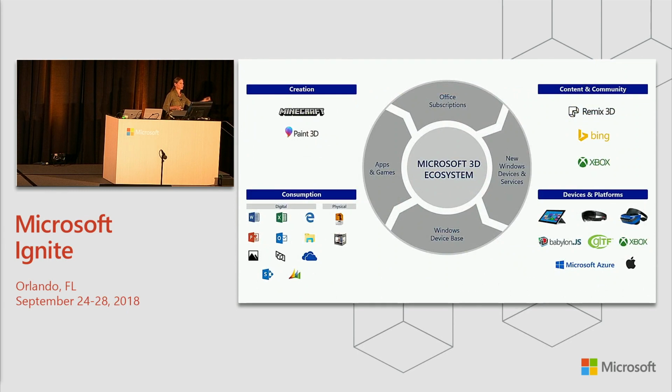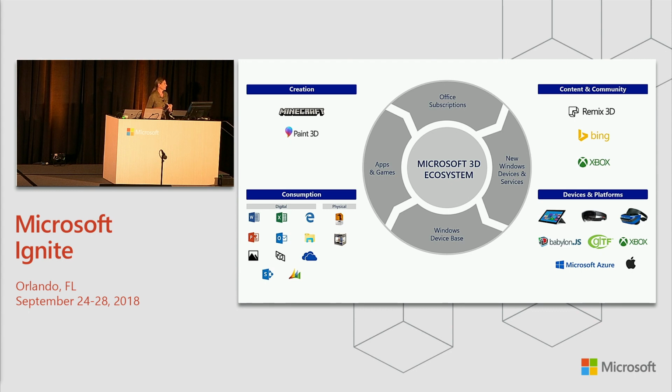And so if we look at our ecosystem wheel of what Microsoft as a whole is doing for 3D, it's broken out into four main elements. On the creation side, we have Minecraft, where you can create 3D objects, and then Paint 3D, which is a little lesser known application, but is becoming more popular, where you can go in and build your own 3D objects.